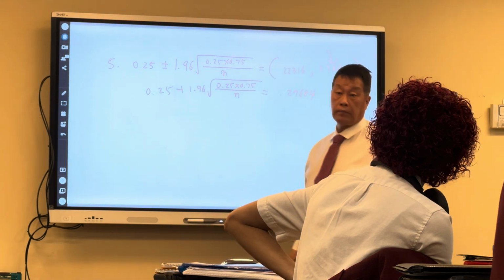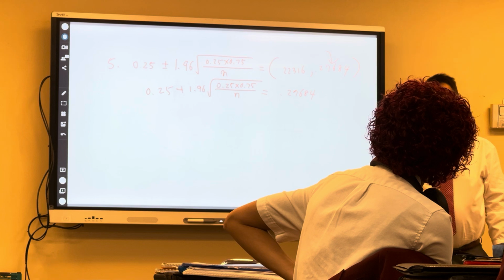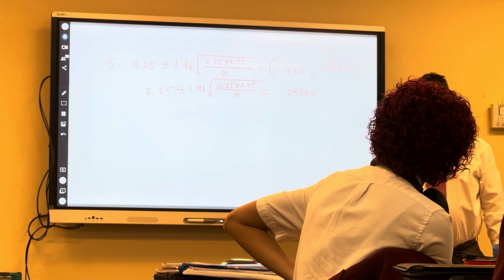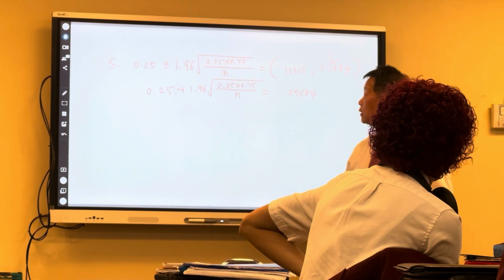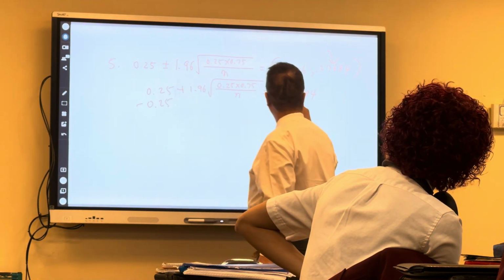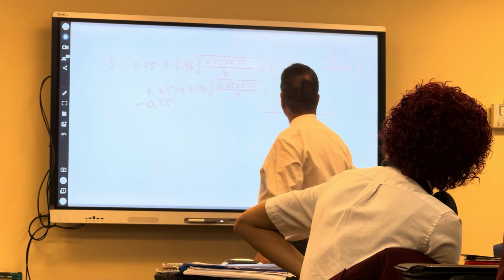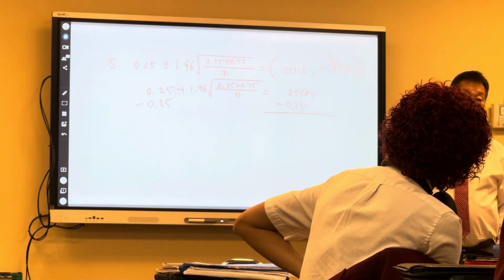What is the first step? How do you solve for n? What do you have to do? Subtract 0.25. 0.27684 minus 0.25, what do you get?